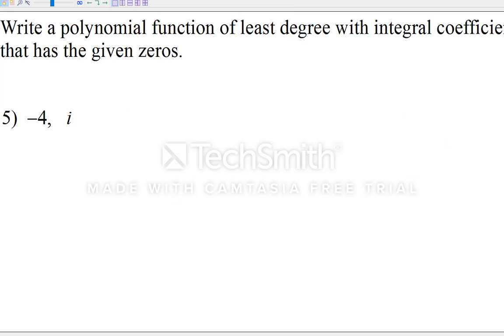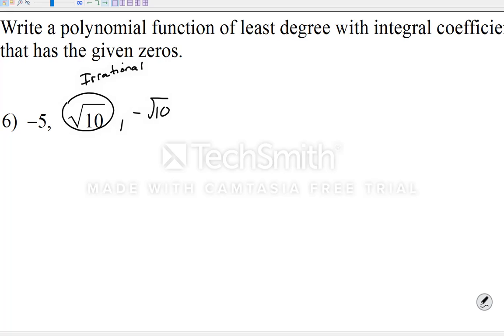Let's go to number 6. Again, I have to make sure I don't have any additional zeros. So this square root of 10 is irrational. So therefore, I also have negative square root of 10. Okay, so now I can write it in my binomials.